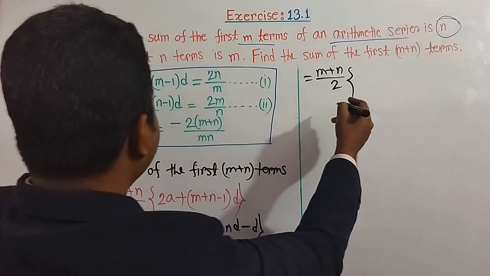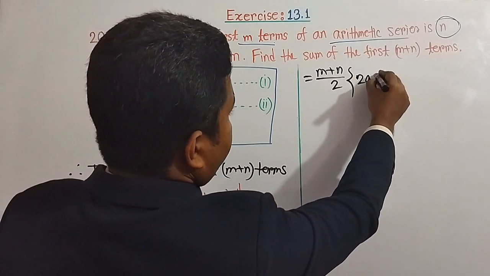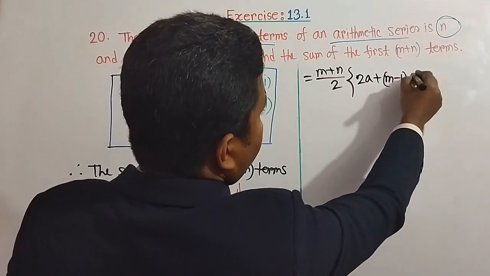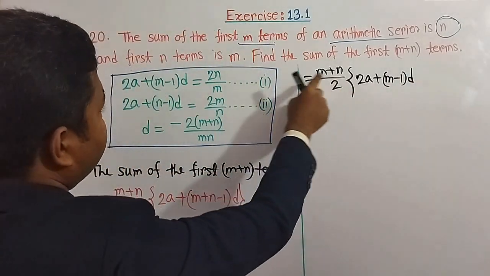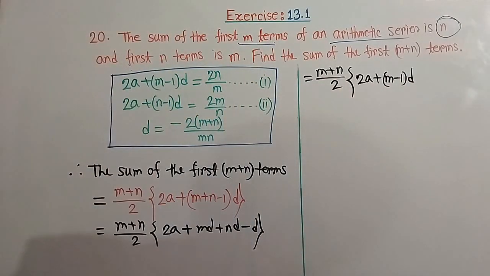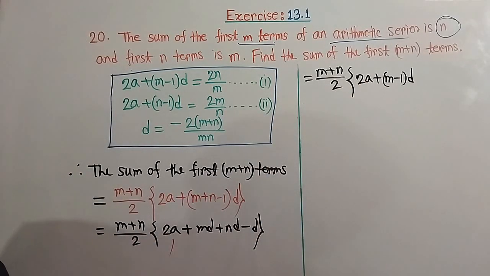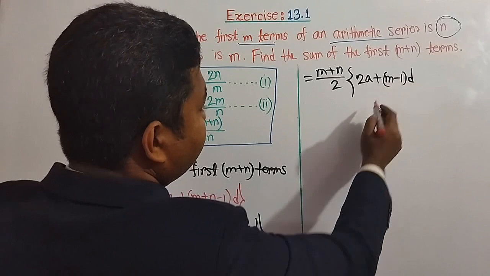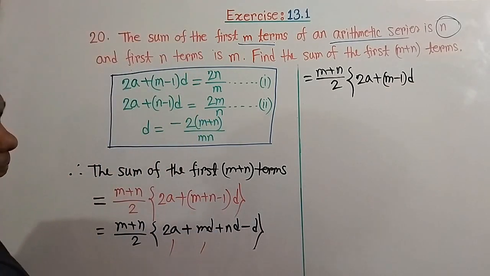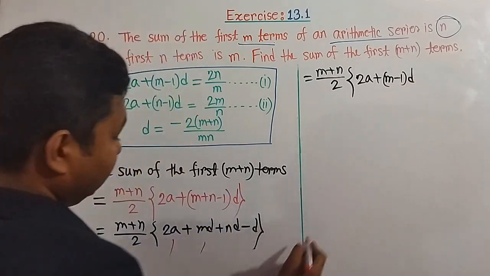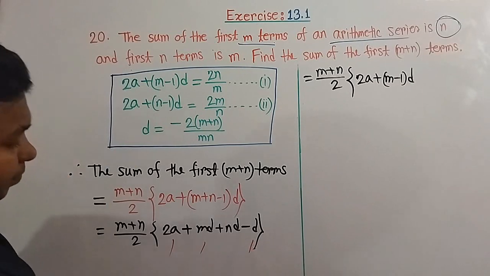We write this one, so (2a + (m − 1)d), which is the left hand side of equation number 1. Now here 2a is this one, multiplying this, md, here plus md, then multiplying this, minus d, here minus d.